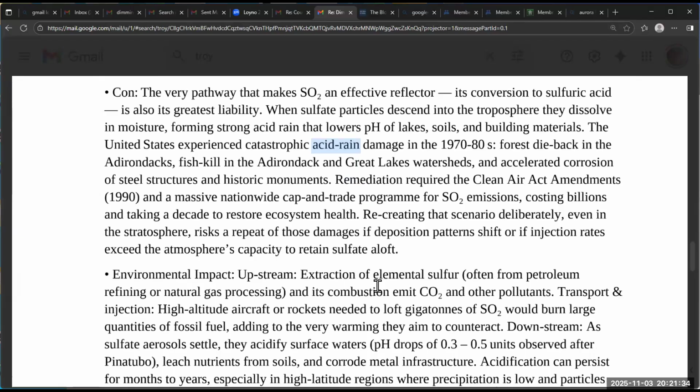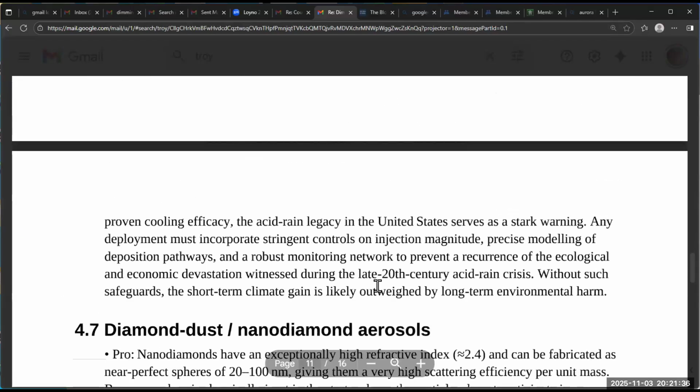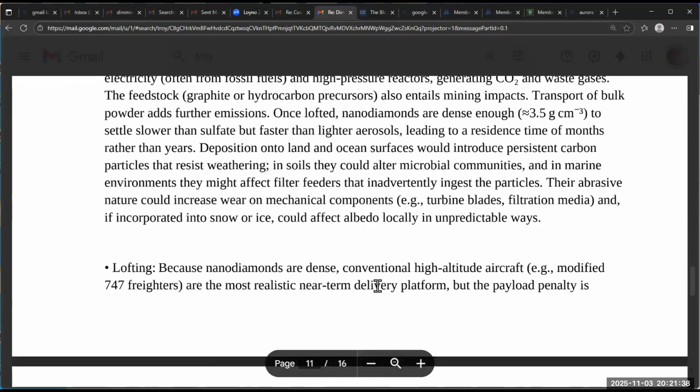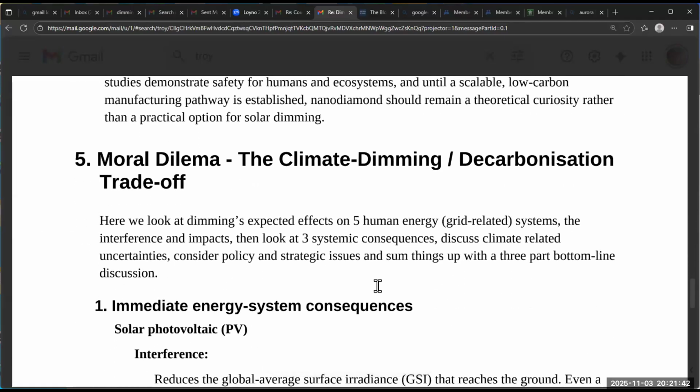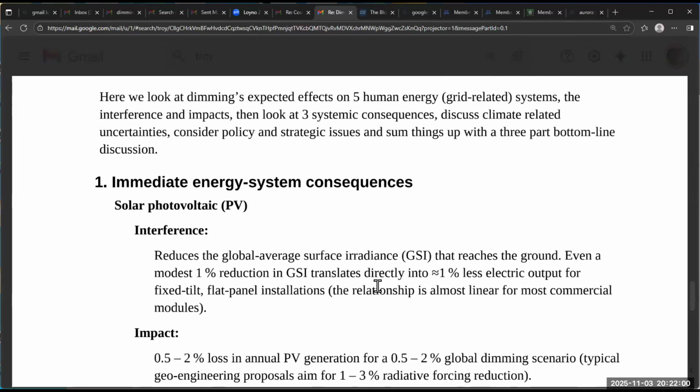Then near the bottom of the document, I kind of wrap it up a little bit with, let me scroll down, the moral dilemma. Yeah, this is basically what I try to point out here, that maybe we can do some good with this, but the first section, 5.1, is pretty obvious stuff.